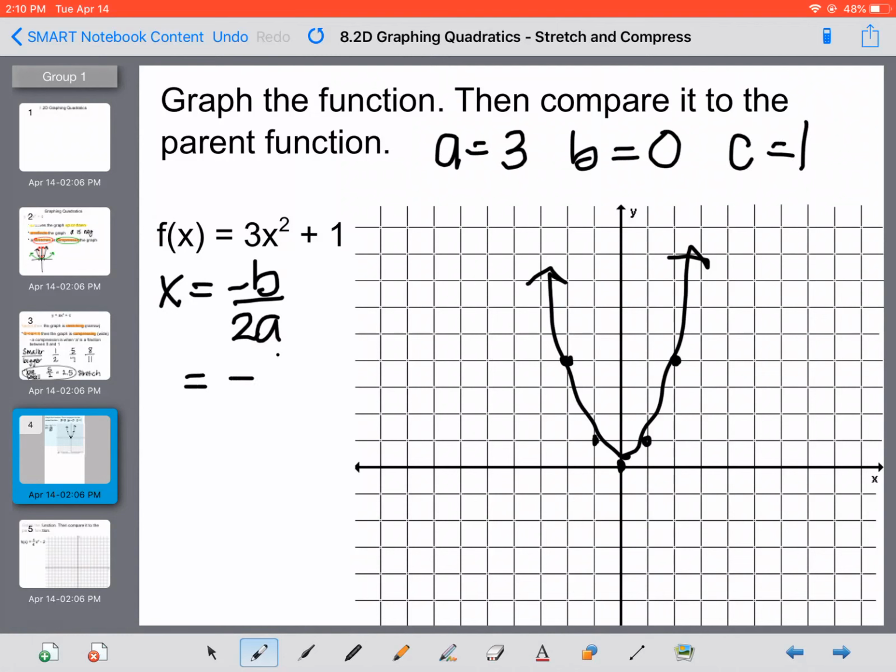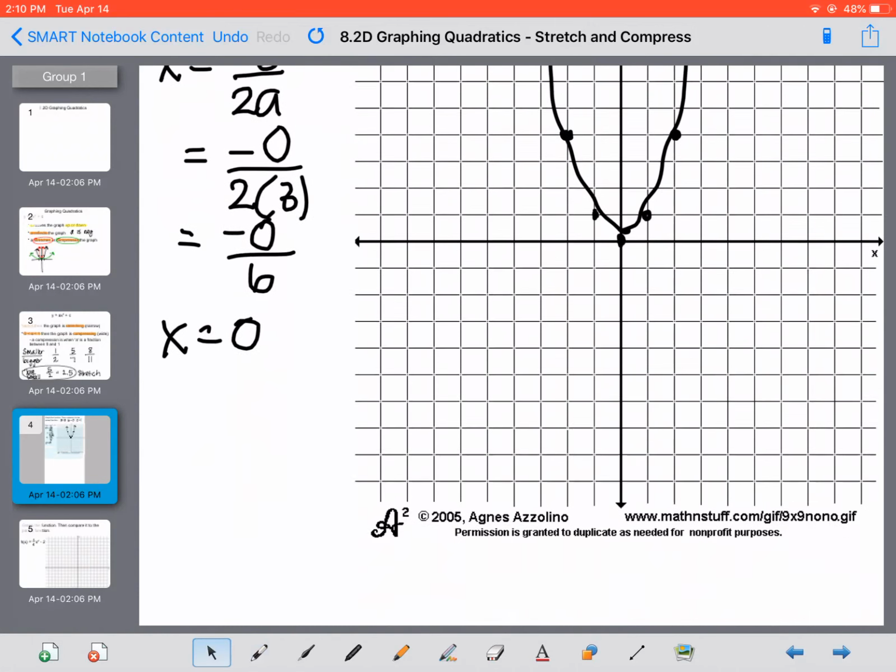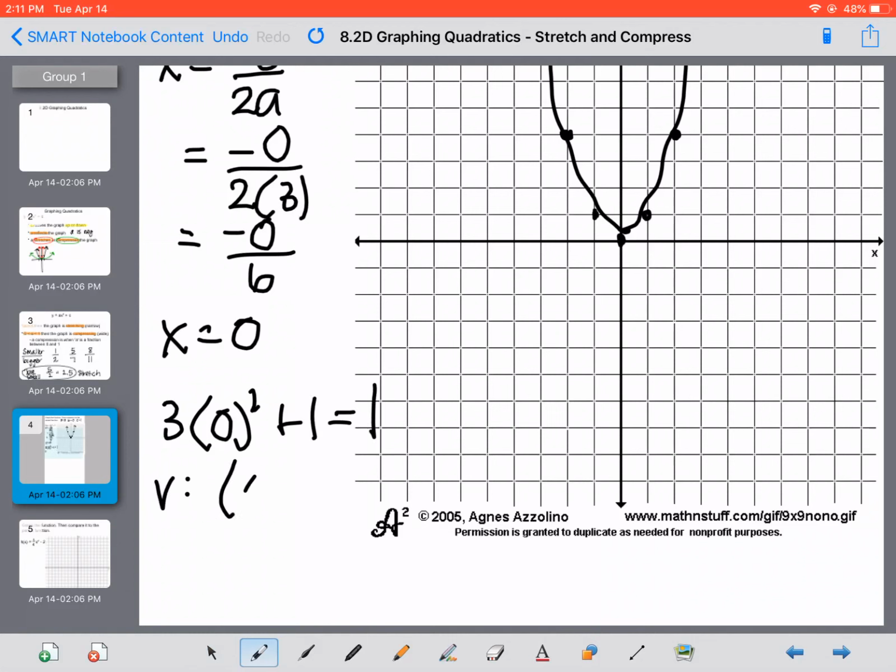So we have negative 0 over 2 times 3. Well, 0 divided by anything is 0, so 0 over 6 just means that x is 0. Then if I plug 0 in, I have 3 times 0 squared plus 1, which is just 1. So that means my vertex is at (0, 1).